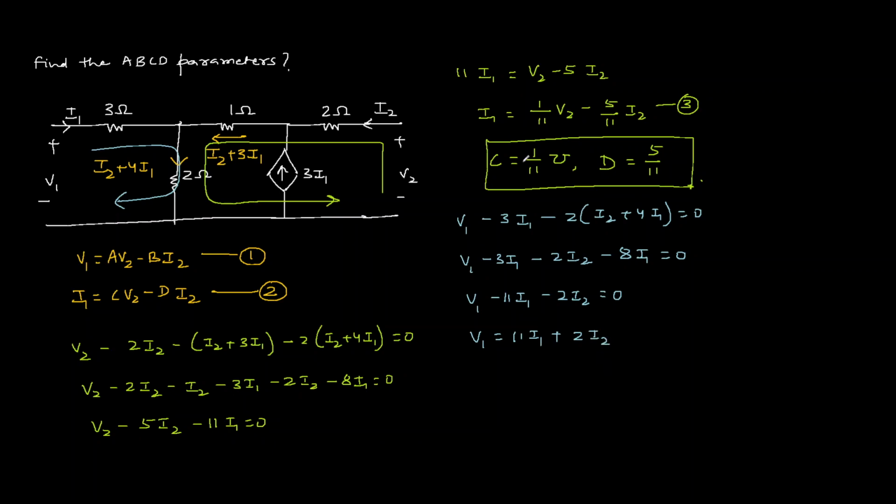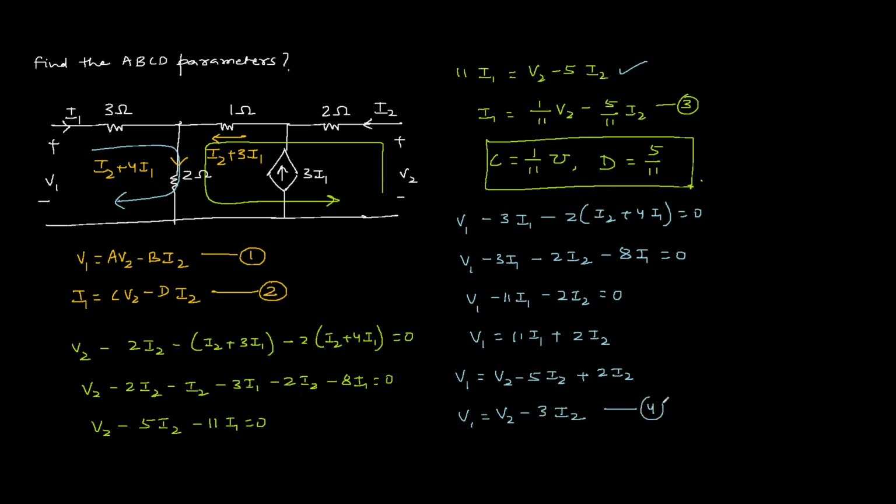Now we can replace 11I1 from this equation into the present equation. So it is V1 equal to V2 minus 5I2 plus 2I2. So V1 is V2, and 2 minus 5 is minus 3I2.